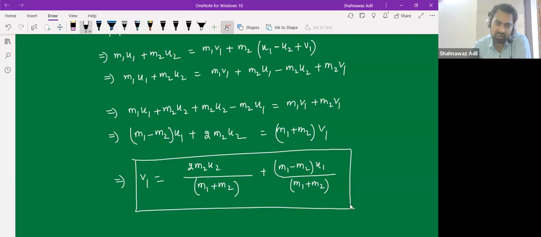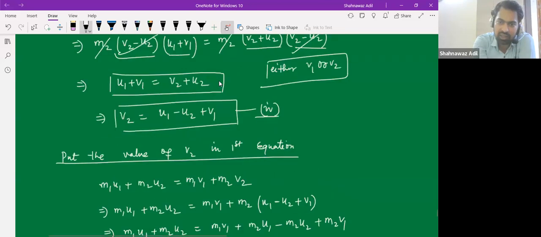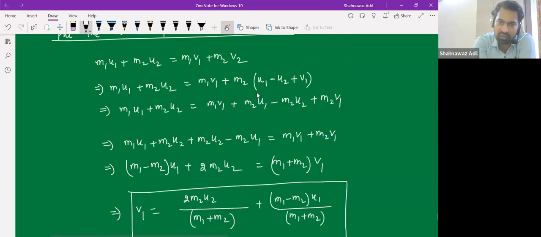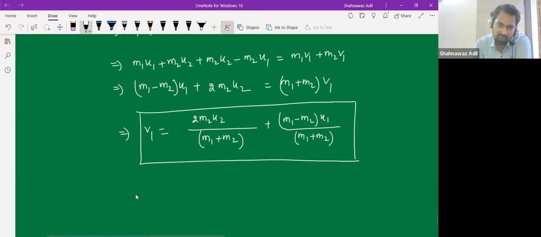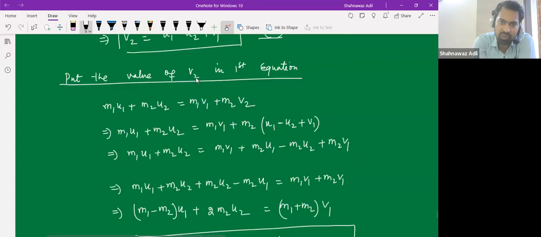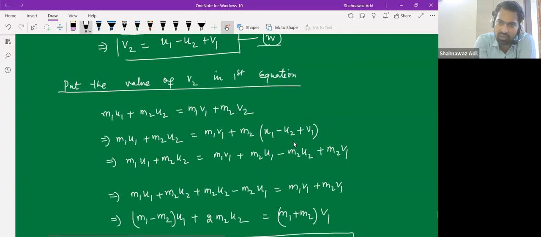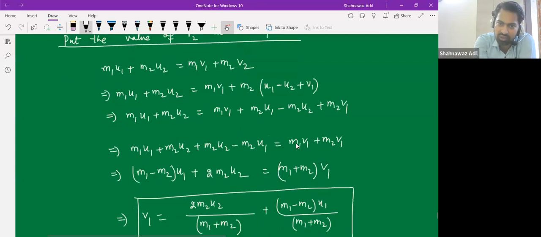Okay, and then when I put the value of this V1 in this equation, I know that my V2 is U1 minus U2 plus V1, right?